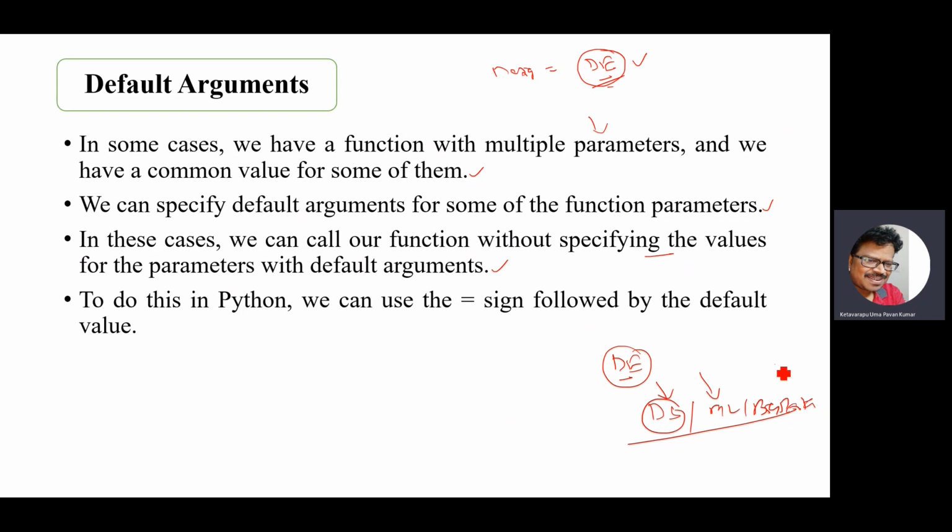Or I feel this candidate has capabilities in big data, so rather than DE, I can use big data as the override. If you are not giving it, then it takes the default argument; if you give it, then it overrides the default argument. To do this in Python, we use the equal sign followed by the default value. So this is the default argument.